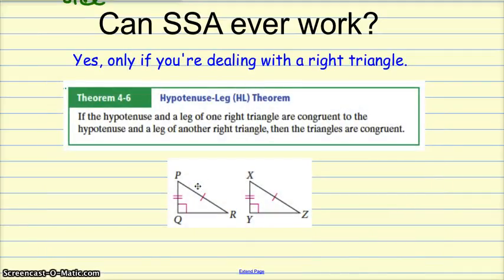And that leads me to a theorem called the hypotenuse leg theorem, otherwise known as the HL theorem. It says if the hypotenuse and leg of one right triangle are congruent to the hypotenuse and leg of another right triangle, then the right triangles are congruent.